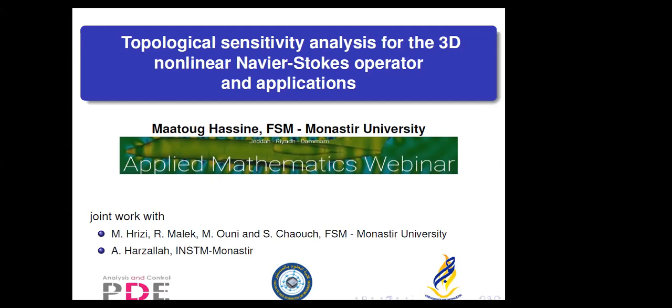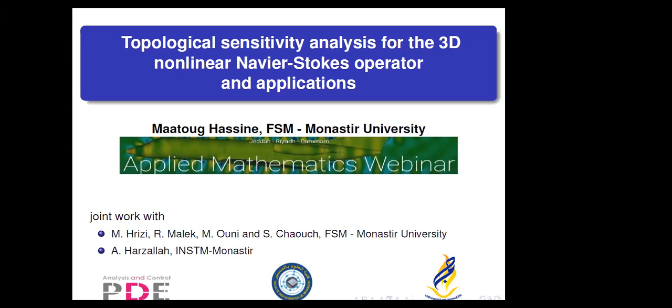He supervised 10 theses, including 2 under joint supervision, and he published more than 50 papers. The research areas of Hassine Maatoug are mathematical modeling, numerical analysis, inverse problems, topology and shape optimization, fractional calculus, and fluid mechanics.